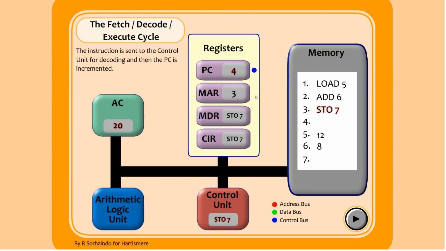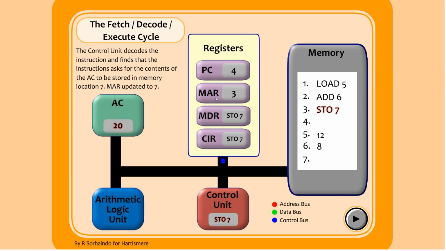And the same as what's been happening before, we increment. We take it from the address register, the number 7. Take that number from the accumulator, number 20. So you can see here in the address register we've got 7, so that will be the address.